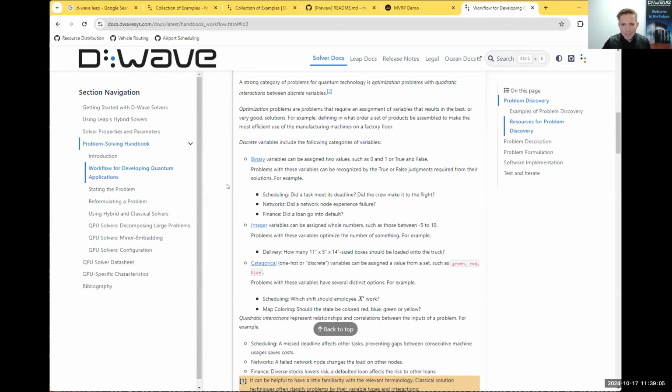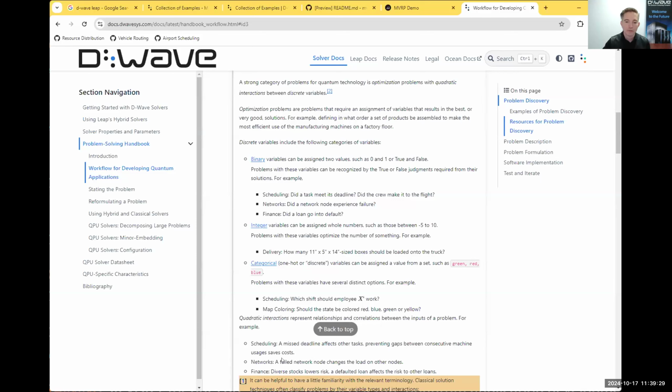So in addition to these kinds of decisions, which are part of these optimization problems, you also have these quadratic interactions. So individual decisions affect other things in the network, like a missed deadline starts affecting other tasks. And if you want to prevent gaps between consecutive machine usage, that will help you save costs.